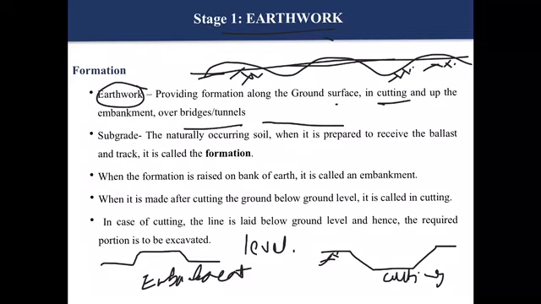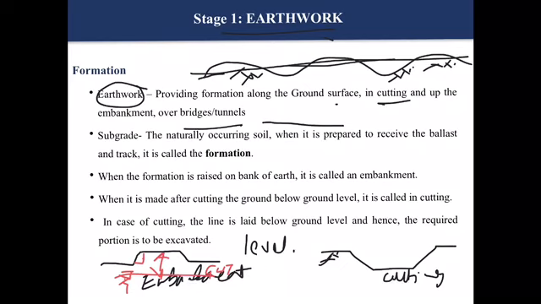When the alignment is taken along an embankment, we have to carefully look into the slope of the embankment provided, and also the level of groundwater with respect to the formation level. It should be ensured that the groundwater table is well below the formation level, so we can prevent any entry of groundwater into the formation.